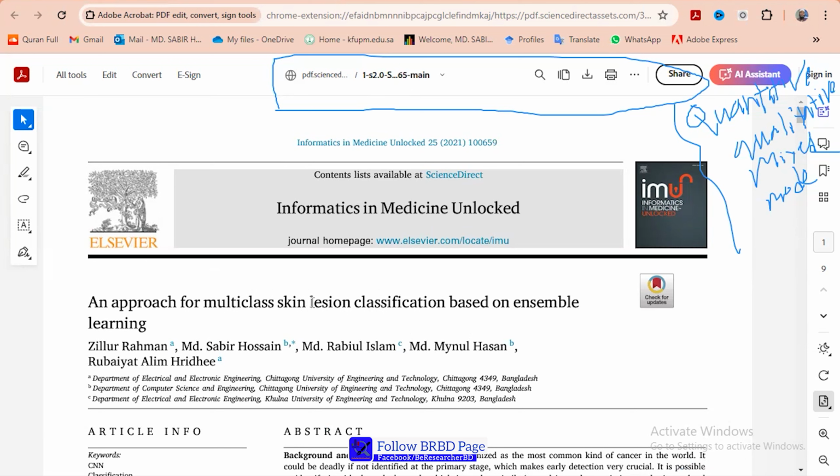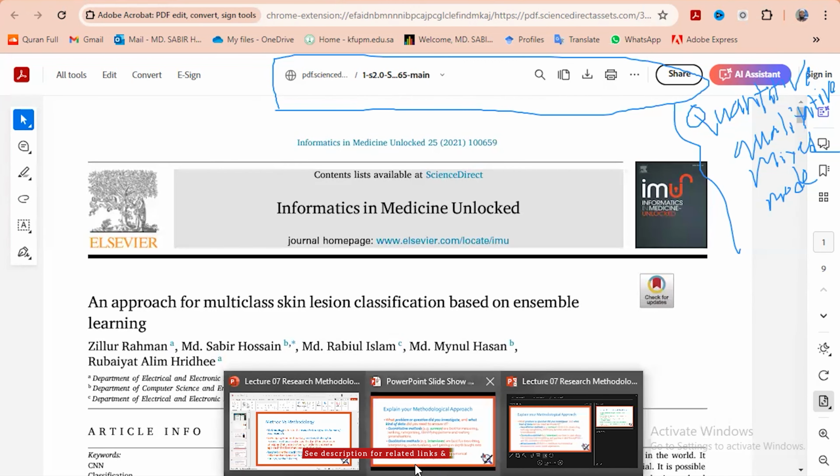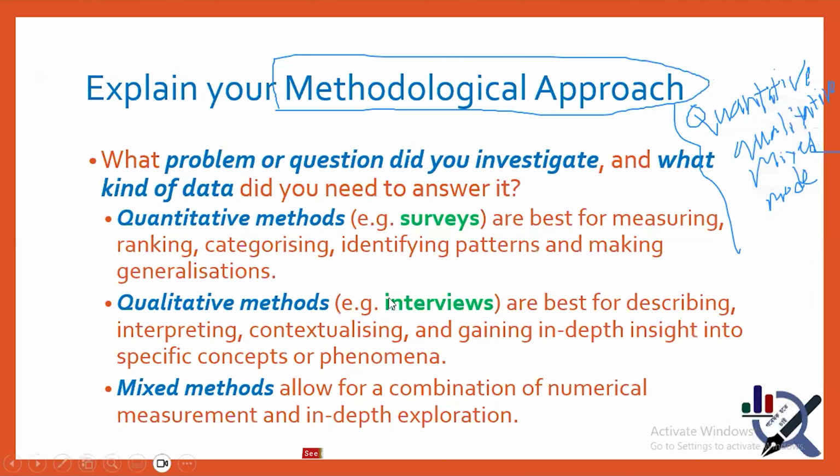Our target is not to explain which model will be used and why this model is good. Our target was to improve the accuracy. So that's why we can call this a quantitative research. Okay, understood?